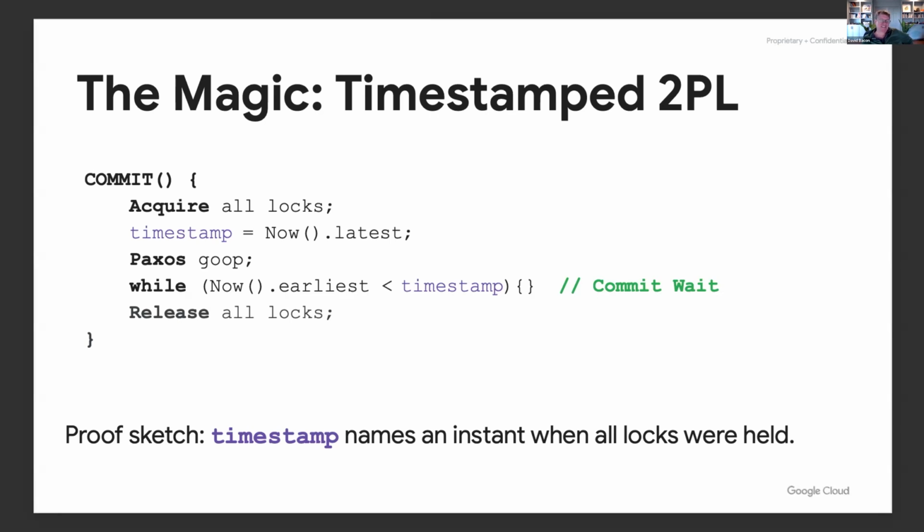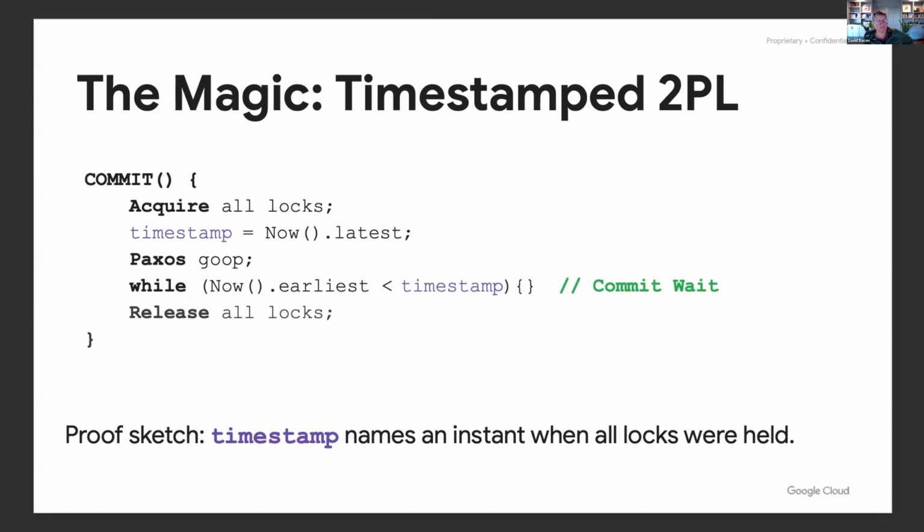But I love the way he's just sort of boiled everything down to this very small fragment here. Basically, Spanner does, well, we now have multiple consistency protocols, but originally only did two-phase locking.